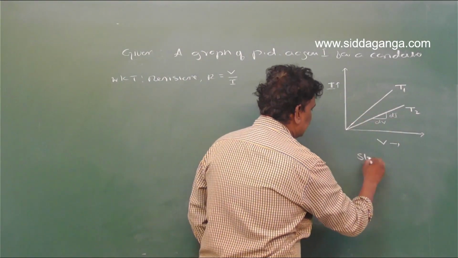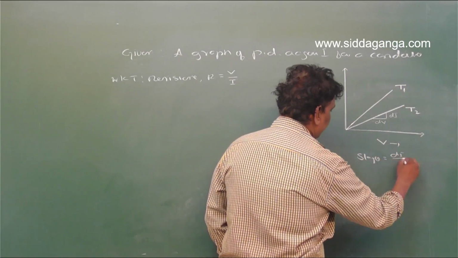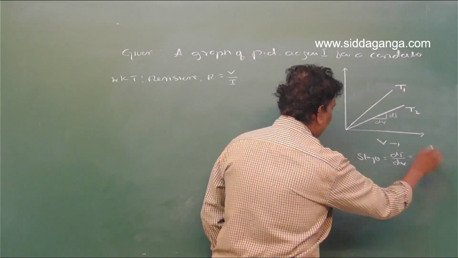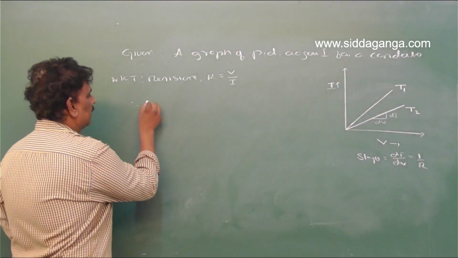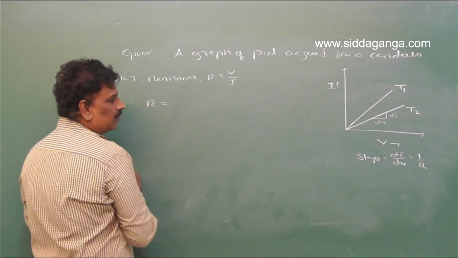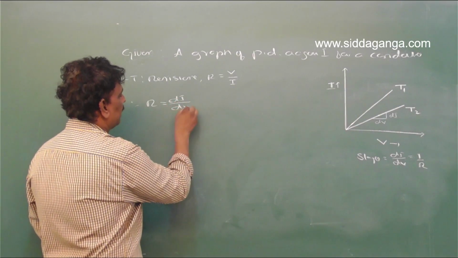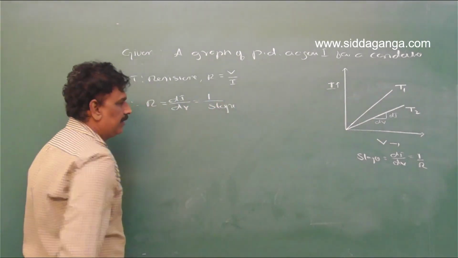So here the slope, dI by dV, is equal to 1 by R. Therefore we have R is equal to 1 by slope.